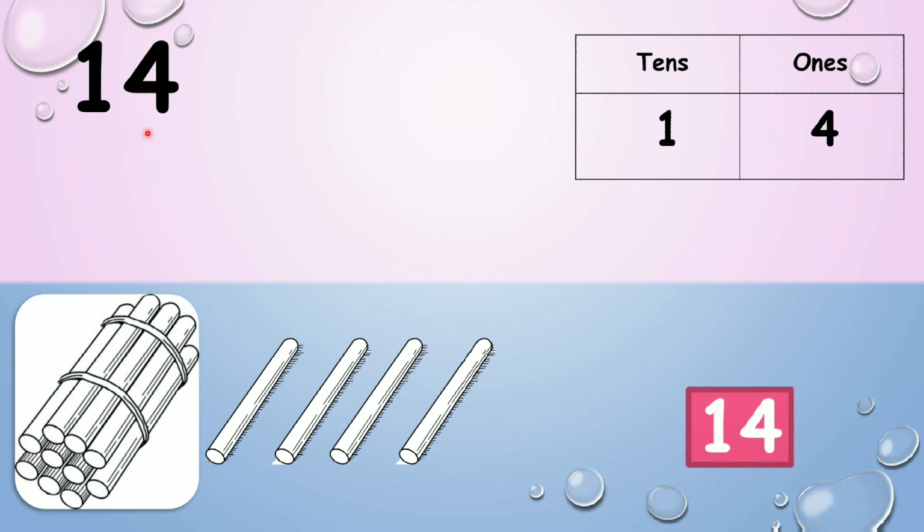Number 14 is a double-digit number, meaning it can be placed in values of tens and ones. 1 is placed in the tens column, and 4 is placed in the ones column.